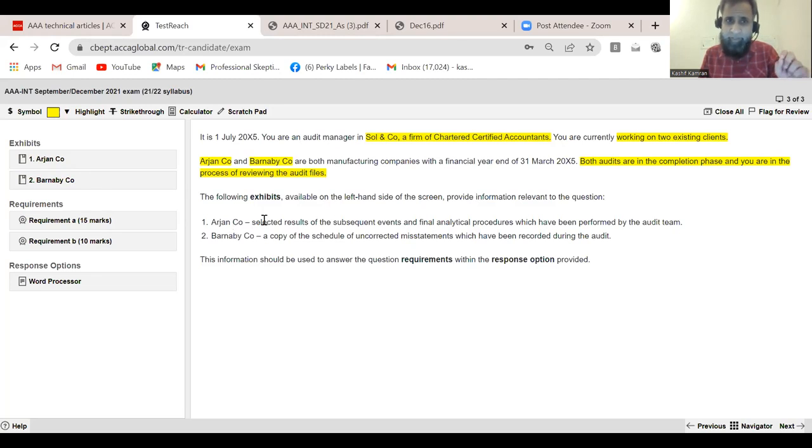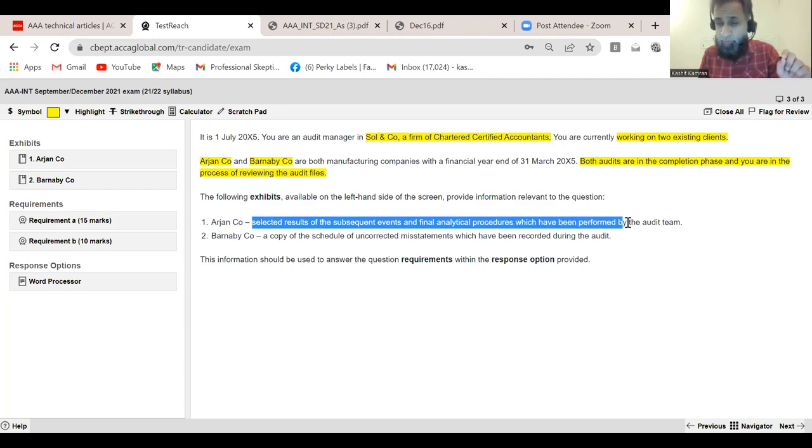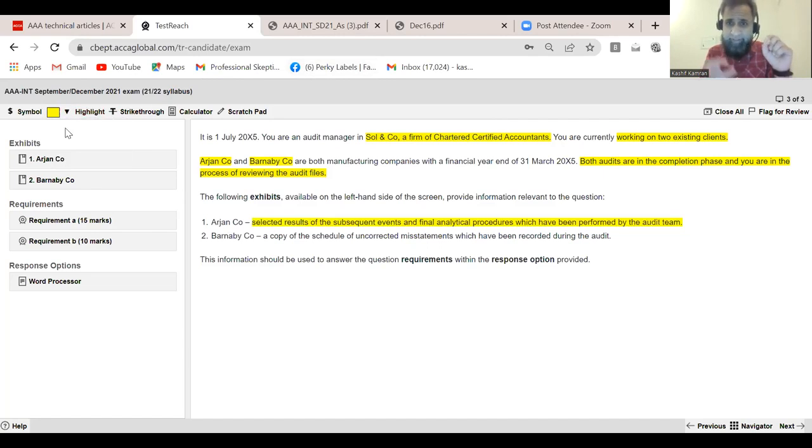Urgent Company, selected results of the subsequent events, and the final analytical procedure, which were performed by the audit team. So for the Urgent Company, the examiner has given us the results of the subsequent events and the results of the analytical procedures, which has been performed by the audit team.